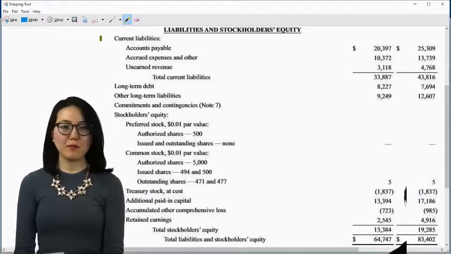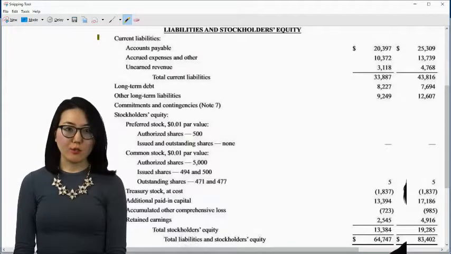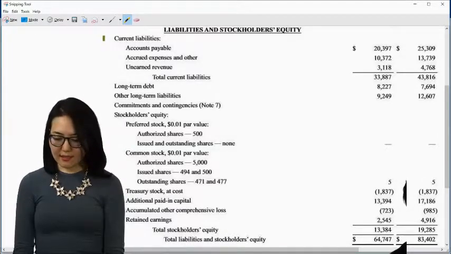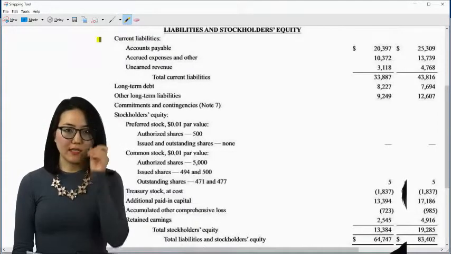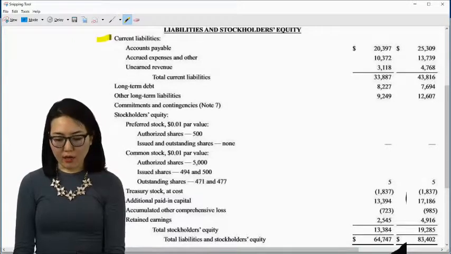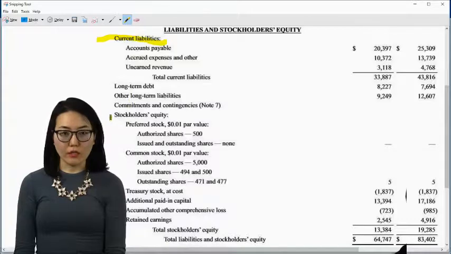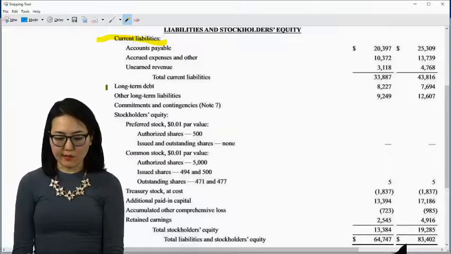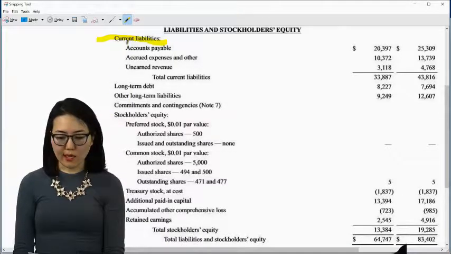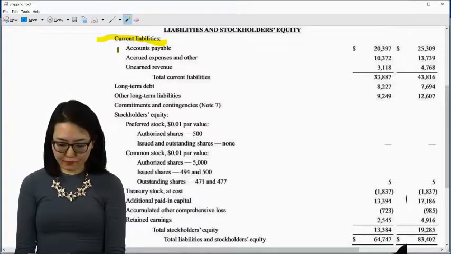Hi, so I will be talking about liabilities. There are two parts, just like assets. Liabilities refers to the debts of the company. It's separated into short and long term. Short is also referring to current, and it includes the money immediately owed by the company.